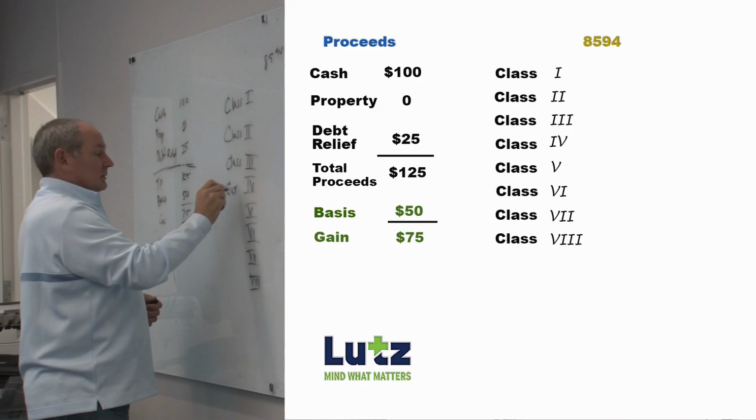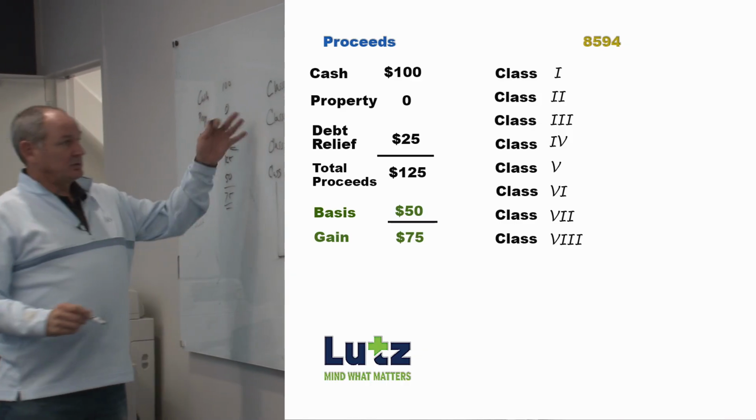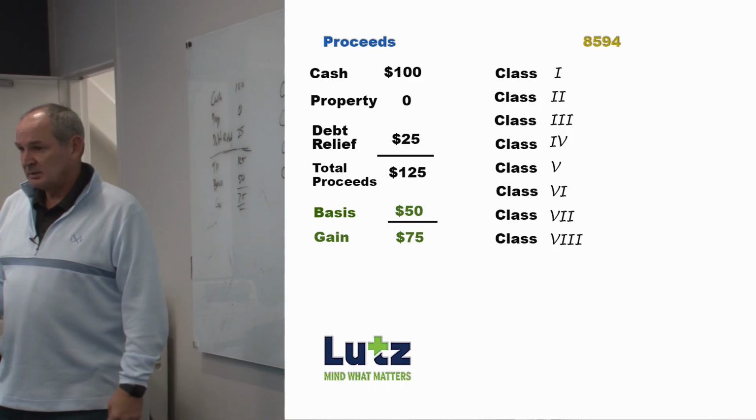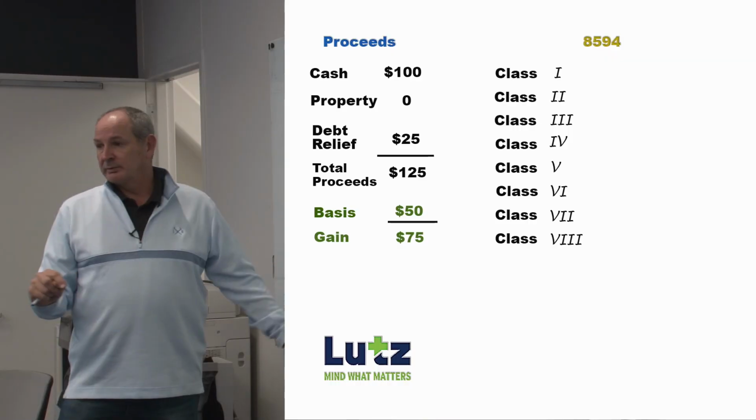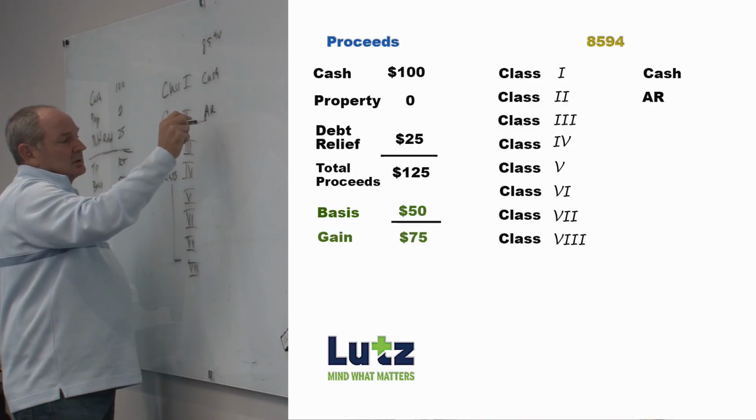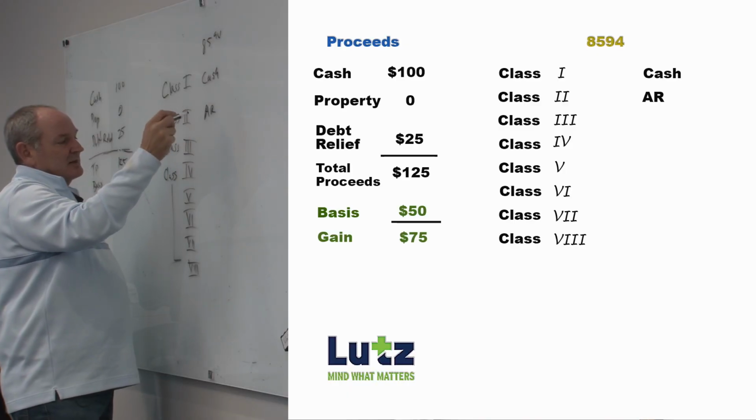Yeah, correct. So we have all these classes for the 8594: Class 1, 2, 3, 4, 5, 6, 7, 8. Some of these are grouped. Class 1, I think, is cash, right? Class 2 is accounts receivable, inventory, maybe; one of them's kind of funky.